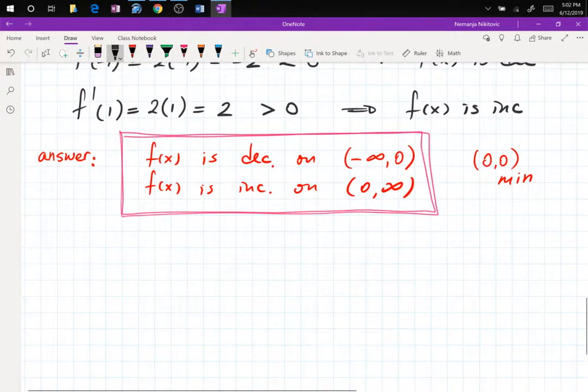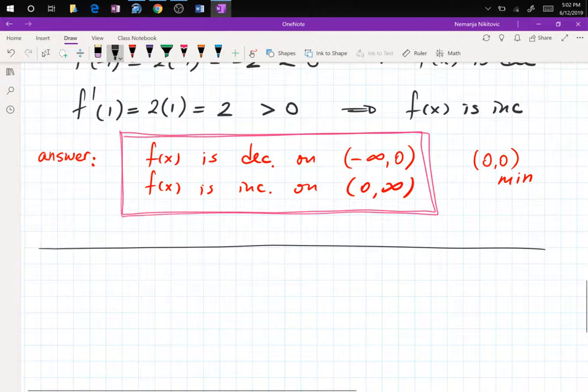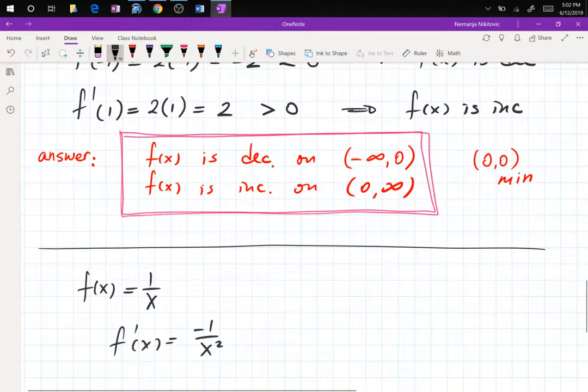We'll do another 2 or 3 examples. Next example is my dear friend 1 over x. So when we find the derivative f prime of 1 over x, you get negative 1 over x squared. And if you set that equal to 0, you get negative 1 equal to 0.